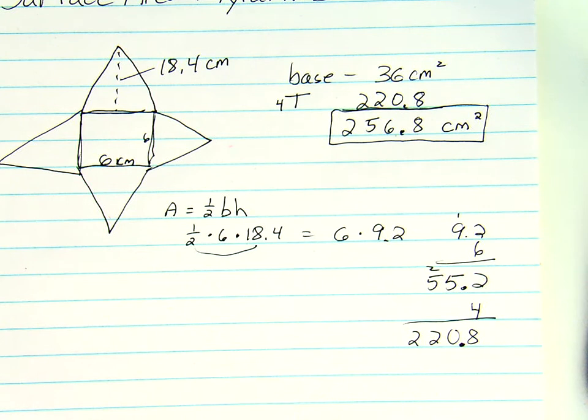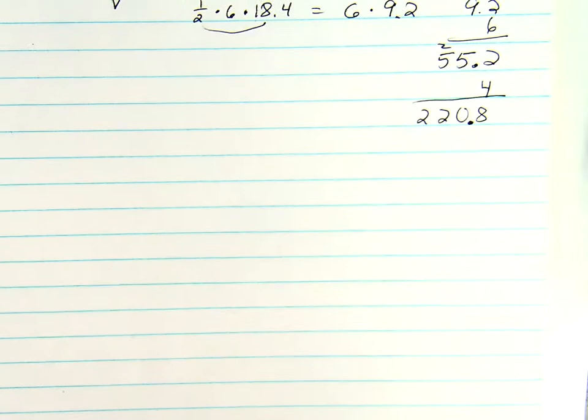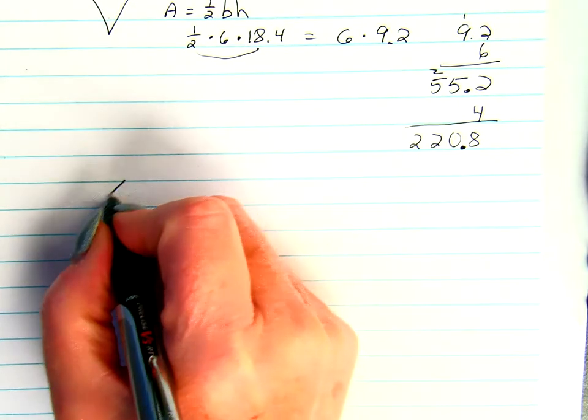Now, let's think about if we had a triangular pyramid. Okay, so let's say I've got a triangular pyramid, and I can't draw it once again, so I'm going to just net what I have.